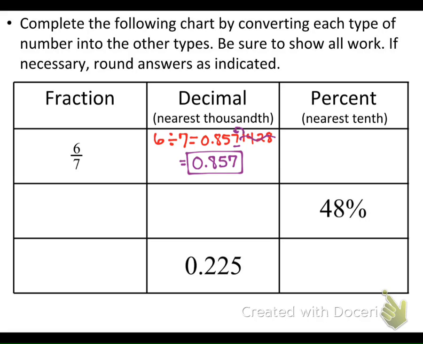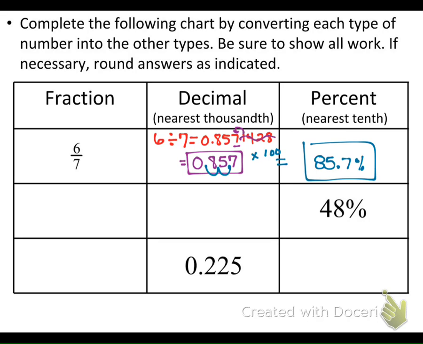Times. So if I move the decimal to the right twice, I'm going to get 85.7 what? Percent. If I multiply it by 100, I'm going to get the same thing. Now, if I would have used this big long number, it still would have ended up being the same answer, so I'm not worried about changing it. So we're going to leave it as 85.7%.